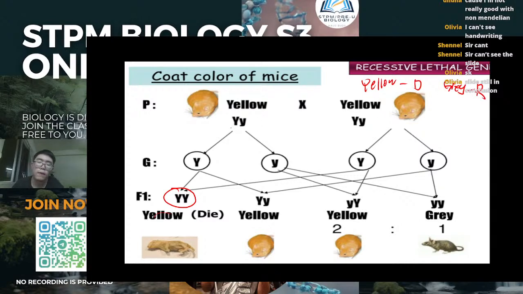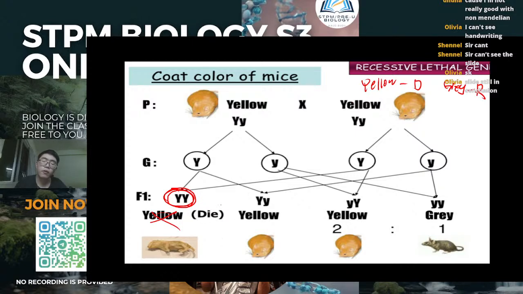If you see the yellow color, it can survive because it is a hybrid. But if the mouse has this genotype, both capital Y, the mouse dies. Although it may survive for maybe several months only, then it will die. It cannot survive with this gene.